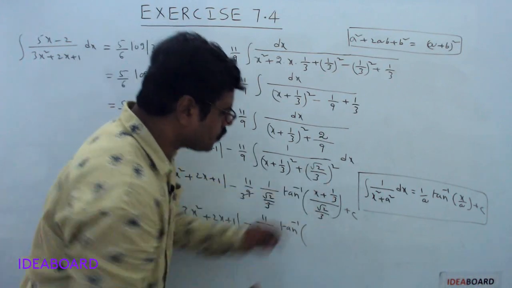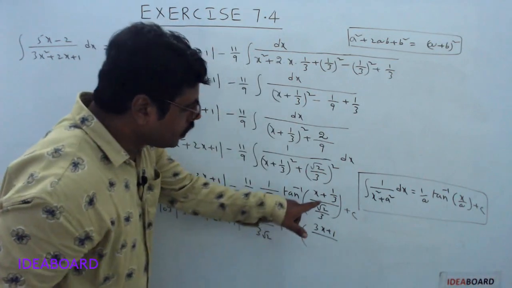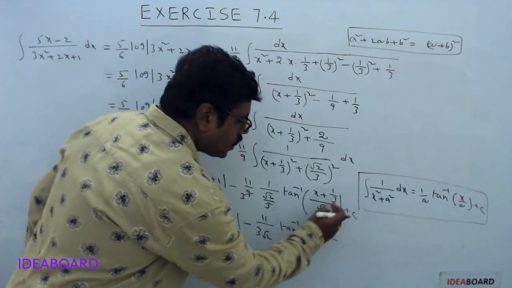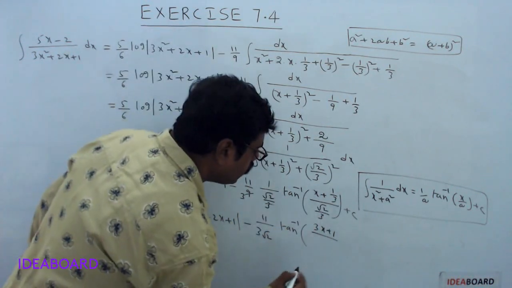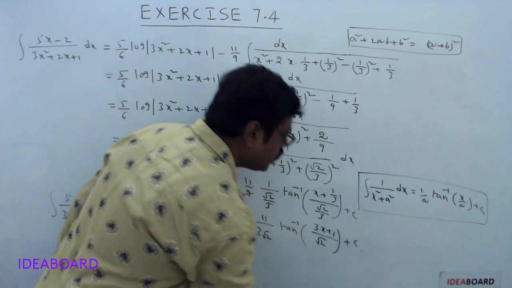So this is 3x plus 1 divided by, here LCM is 3. Here also 3 will be there. You can cancel the constant term 3. After simplification, it will be 3x plus 1 divided by root 2 plus some constant c.